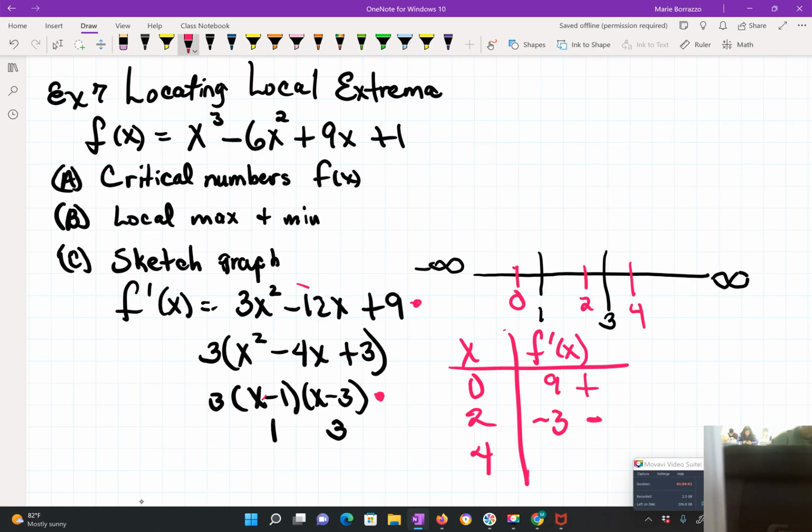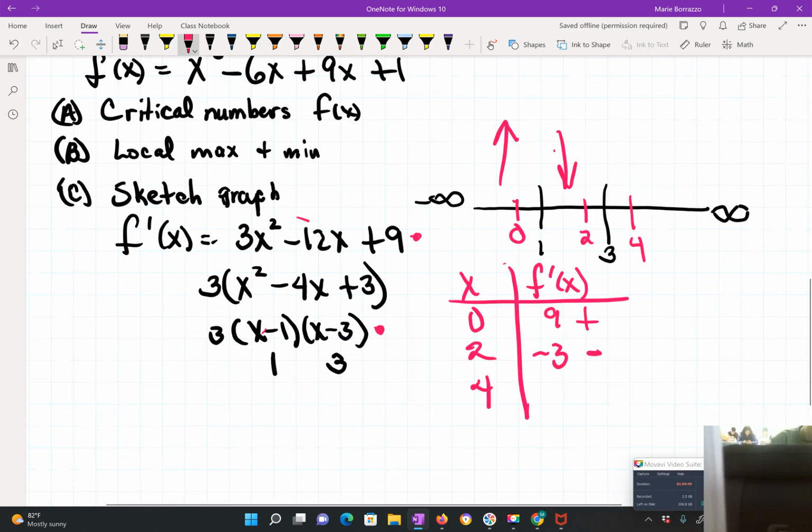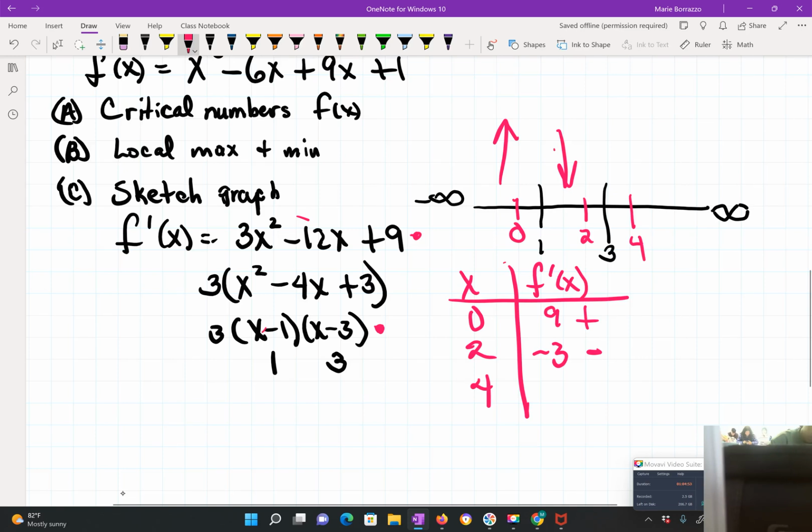So it's increasing here, it's decreasing here. That's one way you can approach it. And last time, 4 minus 1 is 3, 3 times 3 is 9, and 4 minus 3 is 1. This is also positive, a 9 at that too. So it's increasing here as well.